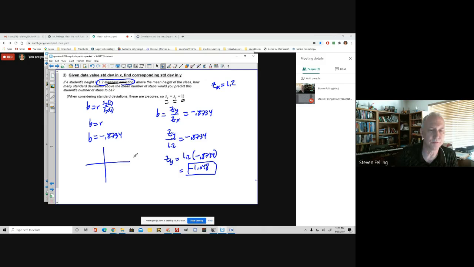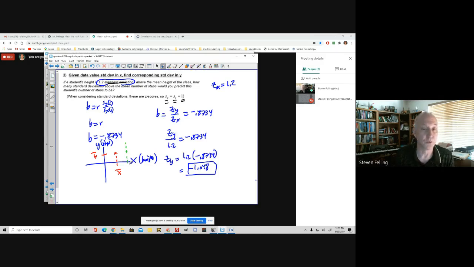So what that's saying is, x is the heights, right, and y is the number of steps. So we have a student who is 1.2 standard deviations higher than the average. There's some average height here, and there's some average steps, right. Here's the centroid in the middle. So I have a student, and that student is 1.2 standard deviations higher than average, right? Okay, they're somewhere here.